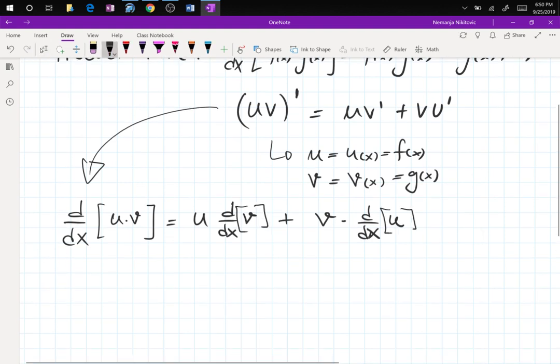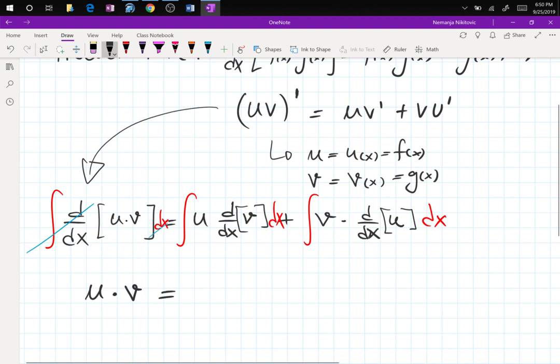So let's see what happens when I integrate both sides. When I integrate, I'm going to put integral dx everywhere, like that. And we see that on the left-hand side, everything cancels, leaving us only with u times v.